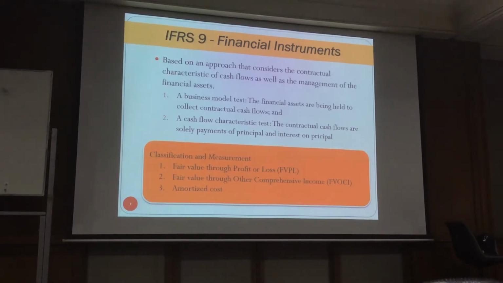It applies to every financial instrument: accounts receivable, accounts payable, investment. They are all financial instruments, right? A financial instrument is an instrument that creates an asset for one person and a liability for another person, right? It creates financial assets and financial liabilities.